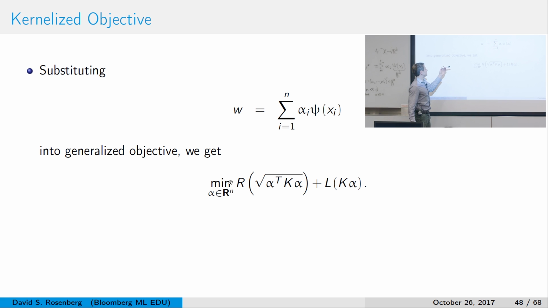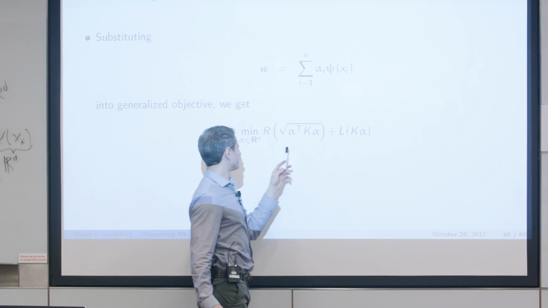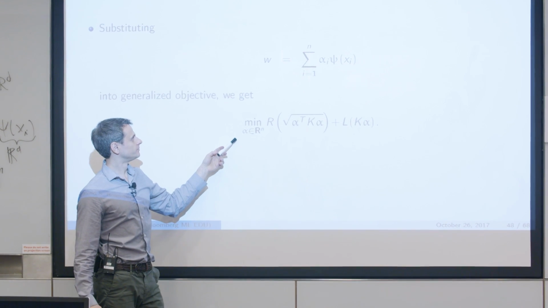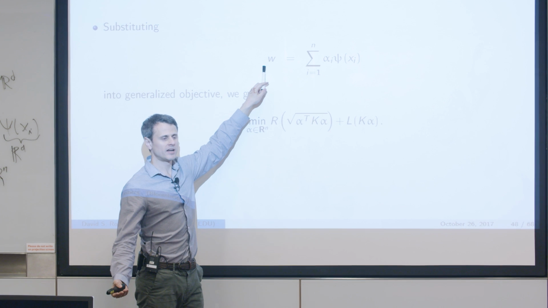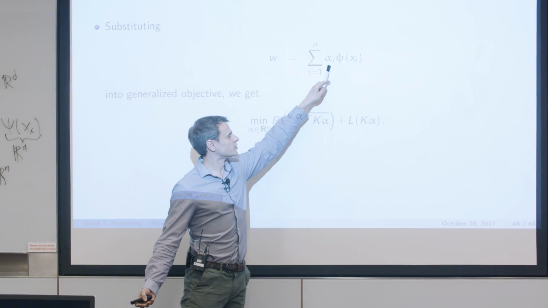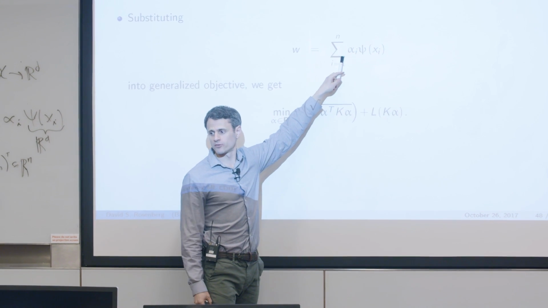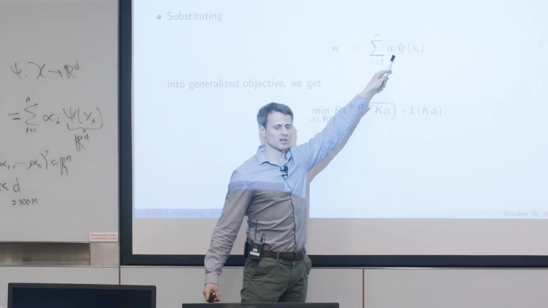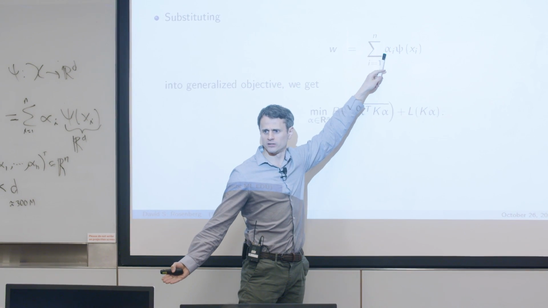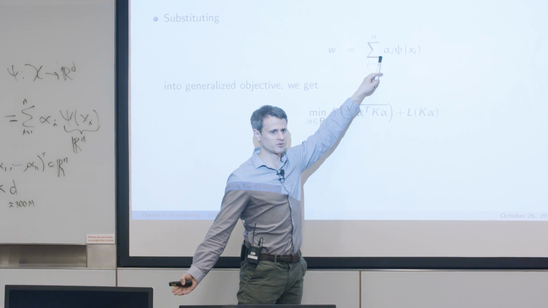Substituting all this in, we can rewrite our original generalized objective in this very nice, concise way. Now we're optimizing over alpha. Originally, we were optimizing over w, but we recognized the solution has this form, so why don't we just optimize over alpha? w is 300 million dimensions. Alpha is 100,000 dimensions. Let's optimize over the lower dimensional parameterization.